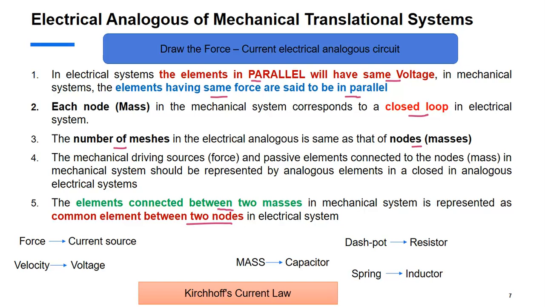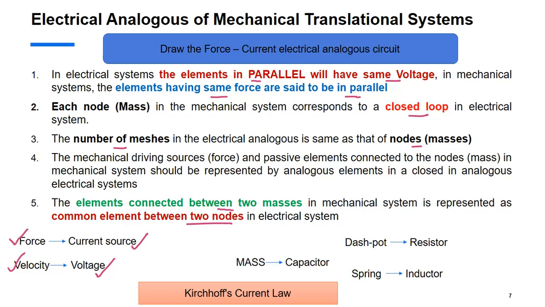Next, we know that the input we are going to apply to a mechanical system is a force. In an electrical system, it is a current source. Output is a velocity. In an electrical system, it is voltage across the element.